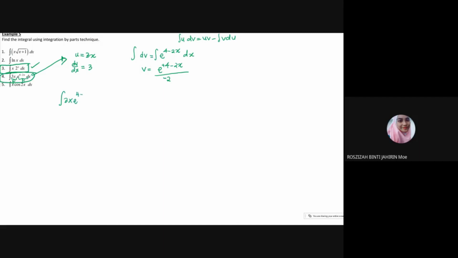It is 3x times e to the 4 minus 2x over negative 2, minus integral v, e to the 4 minus 2x over negative 2. Rearrange first: du equals 3 dx.